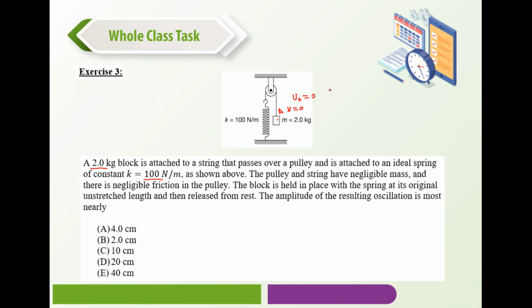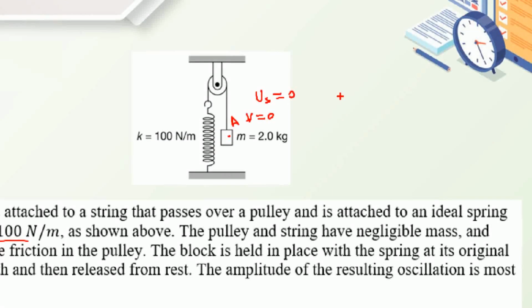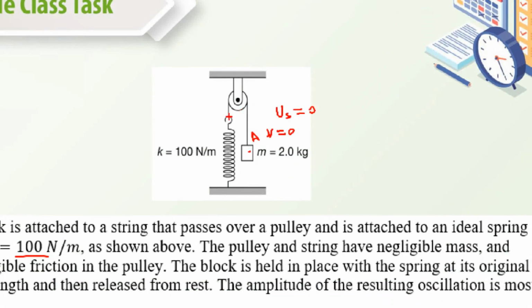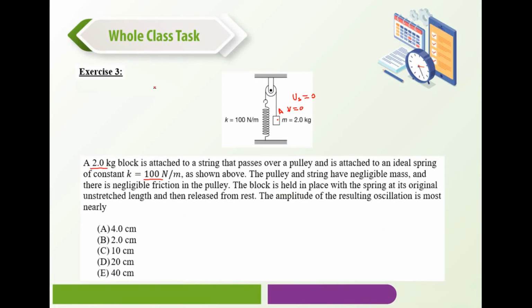Now what's going to happen here, after we release the block from rest, the block will oscillate up and down. So let me draw another figure. Since the tension is transmitted equally, we can consider the spring is attached to this part, or you can also ignore this fact. Let me do a drawing here.